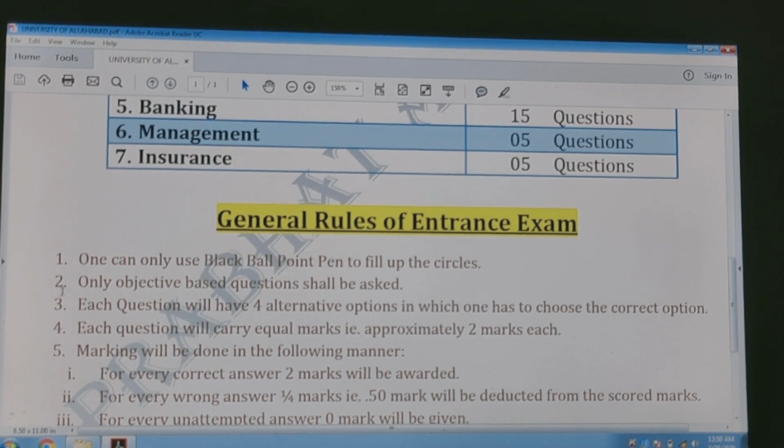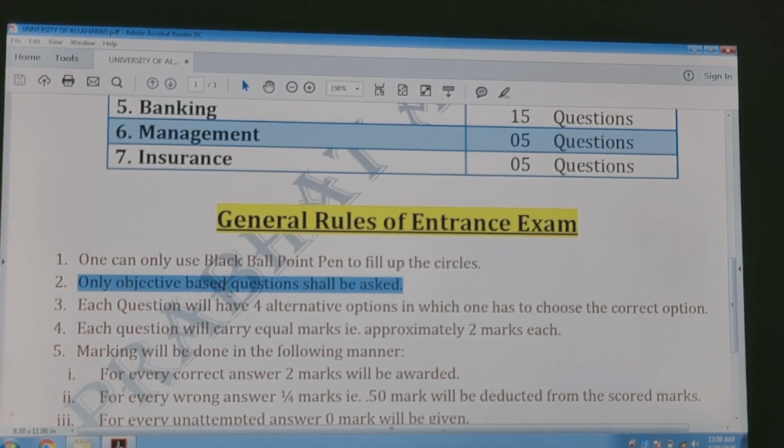Then moving on to point number 2, only objective based questions are going to be asked. Those who don't know what exactly objective based questions are all about, there are 2 types of questions, subjective and objective. Subjective questions are those in which a question is asked and you have to describe the answer in 30 words, 40 words, 50 words, 1 side, 2 sides, like that.